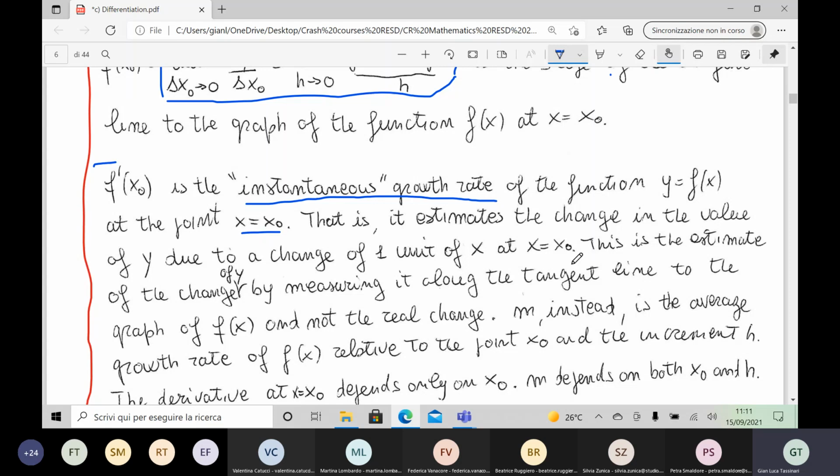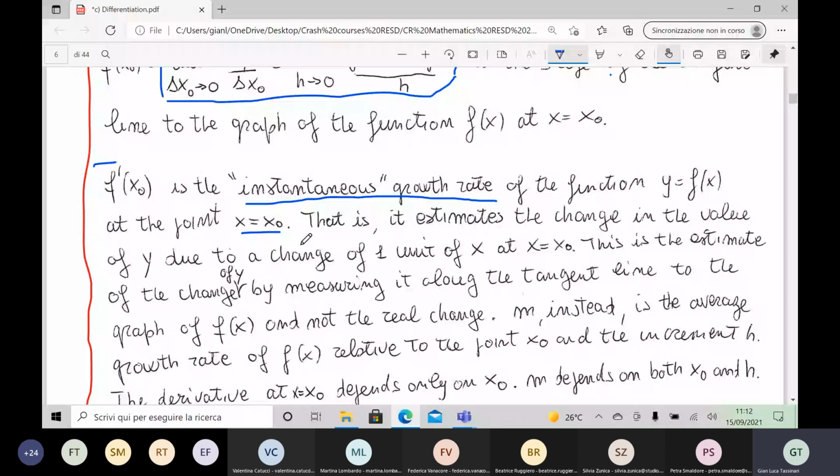So f prime of x0 is the slope of the tangent line to the graph of f of x at x0. It is the instantaneous growth rate at x0 of your function. That is, it is an estimate of the change in the value of your function as you go from x0 to x0 plus 1, that is, as you increase x by 1 unit starting from x0.